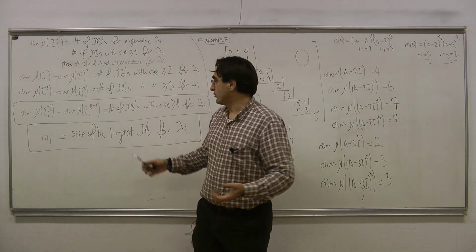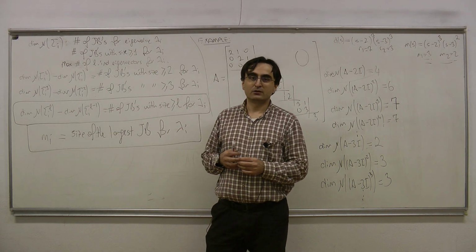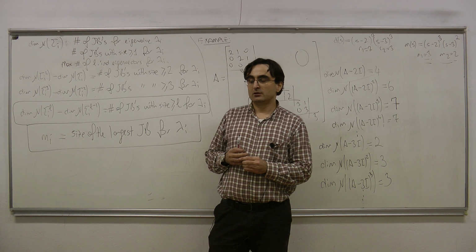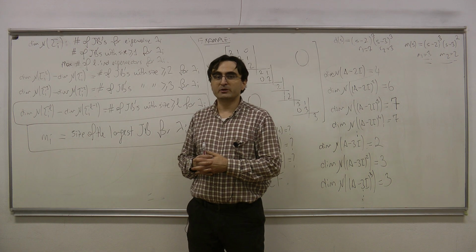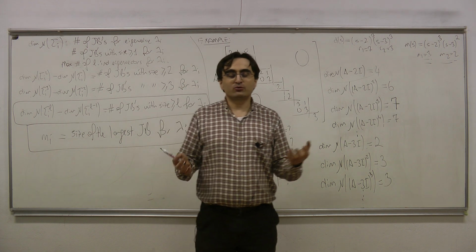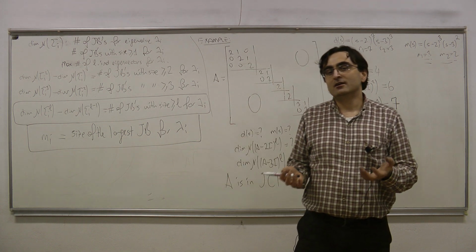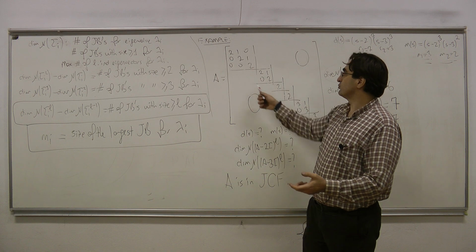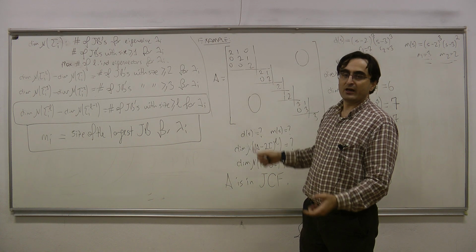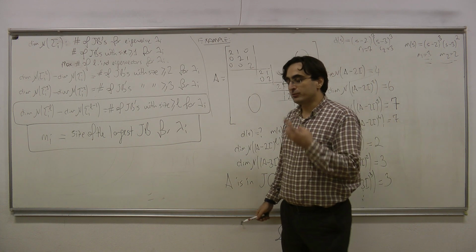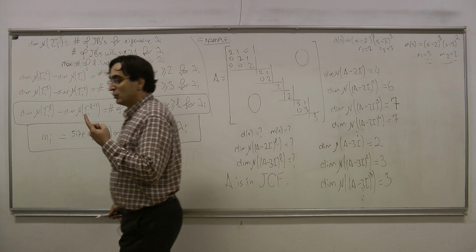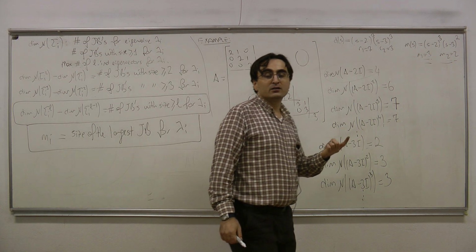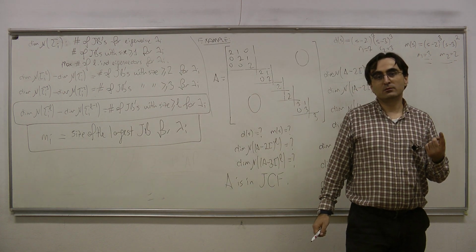So what is necessary according to this information? What is necessary about the minimal polynomial for the Jordan canonical form to be diagonal? I know that if the Jordan canonical form is diagonal, then the size of the largest block should be 1. There shouldn't be any 2 by 2 block because then it is not diagonal anymore. Okay? The size of the largest Jordan block should be 1 for each eigenvalue for a diagonal Jordan canonical form. Okay?